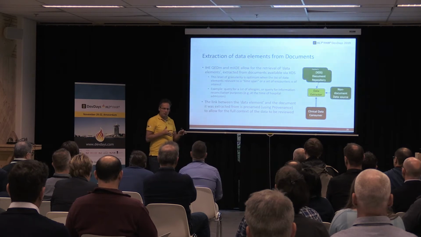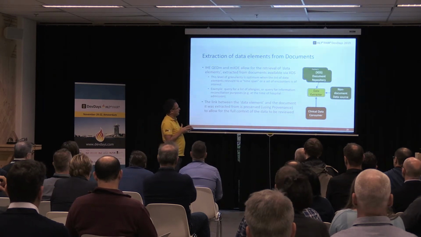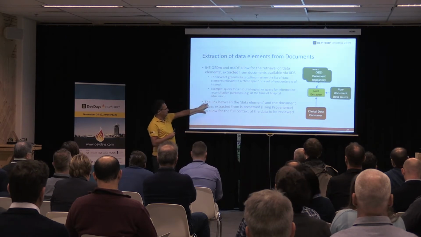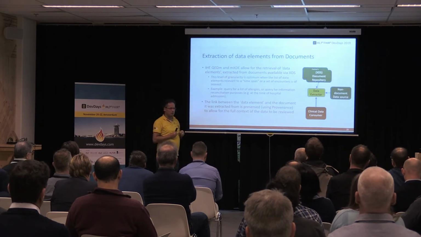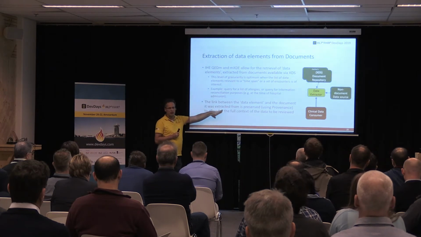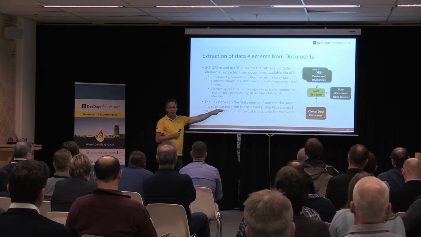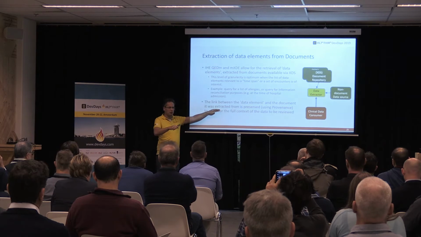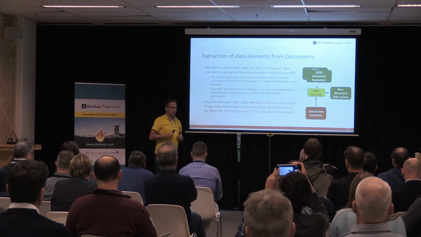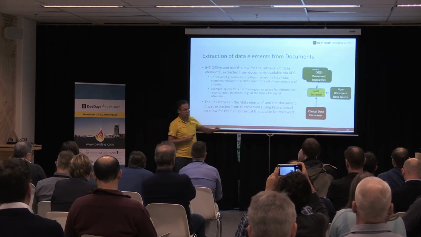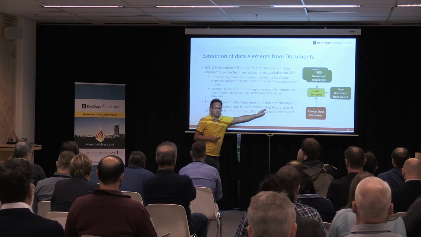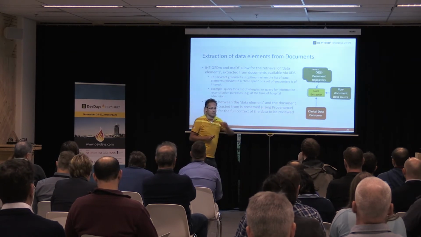So you've got to be very careful taking information out of a document. That's why IHE itself says, if you extract stuff out of a document, you have to preserve the link to where it came from, so that at least the user can look at the full document if they want to. And the FHIR way of doing this would be to use the Provenance resource. Where did this come from? Provenance.